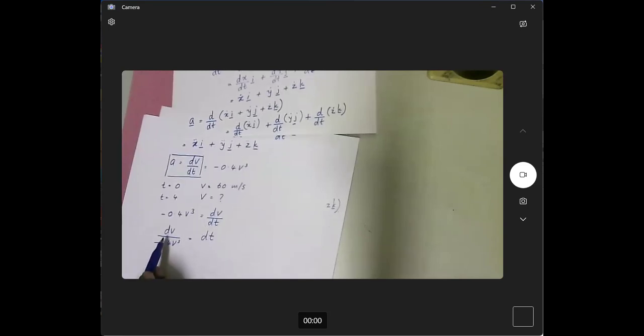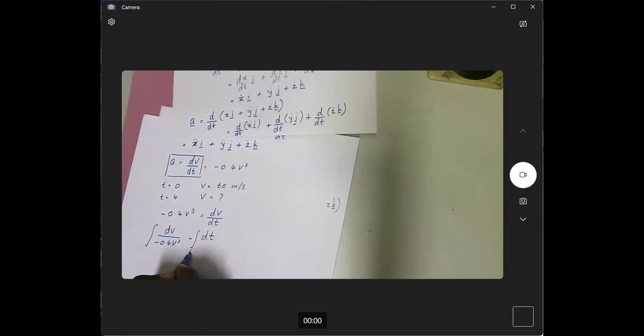Now, this equation is a relationship between dv and dt. We call this a differential equation. To find the solution, what do we need to do? We have to integrate both sides, one with respect to v and this side with respect to t. And we have the initial conditions.